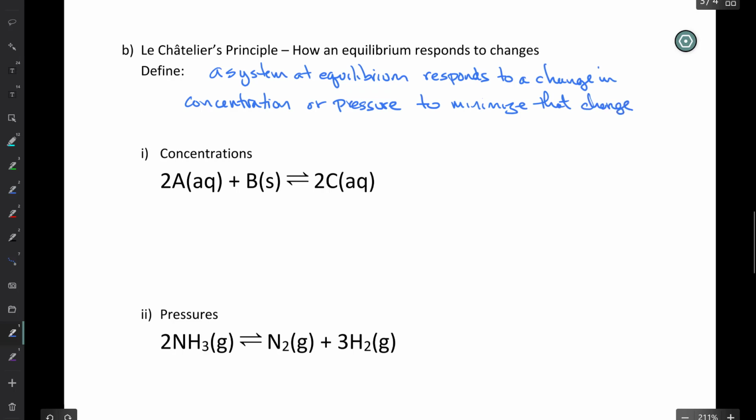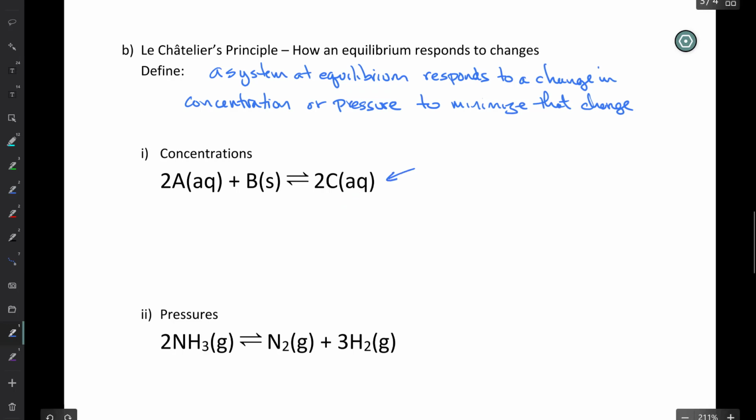So for example, let's say we have this reaction of 2A plus B goes to 2C. Okay, that's my reaction. And let's say it's at equilibrium.